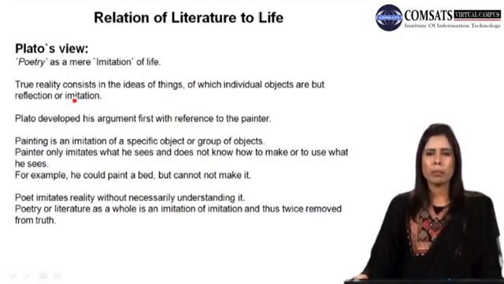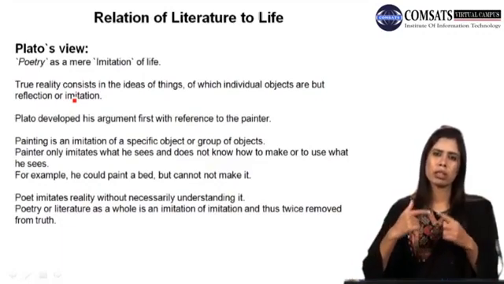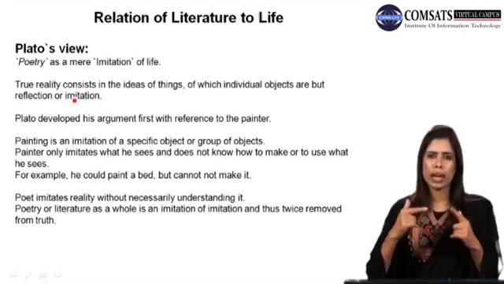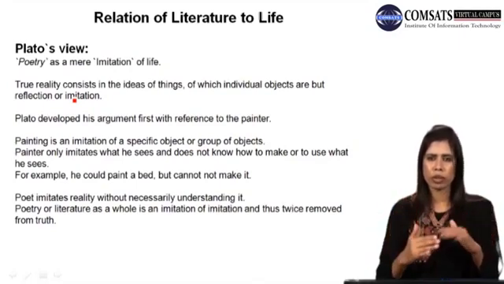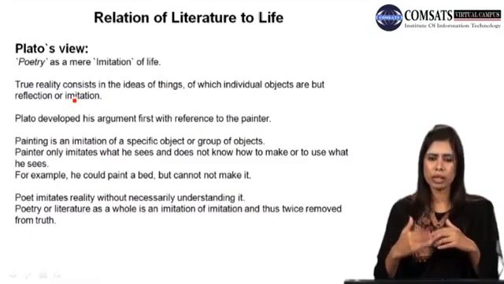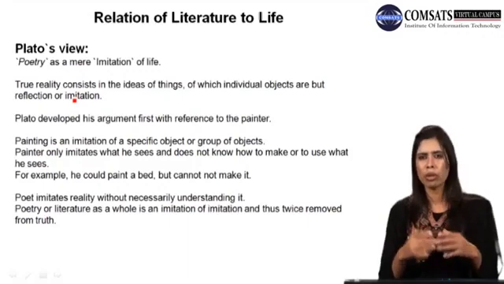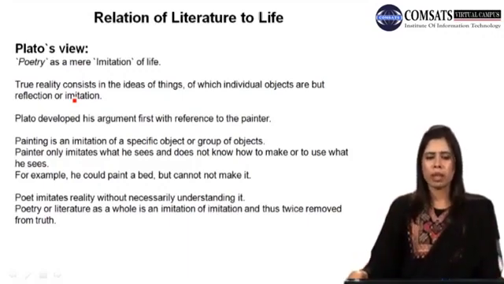According to him, painting is an imitation of a specific object or group of objects. So again, there is a comparison between poetry and painting. For him, both are the same thing. Poetry is a mere imitation of life. Painting is also an imitation of specific objects or group of objects.